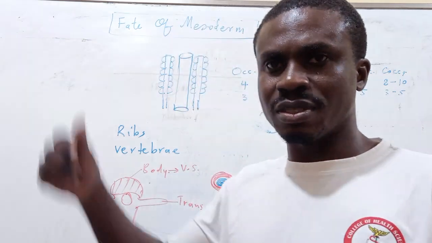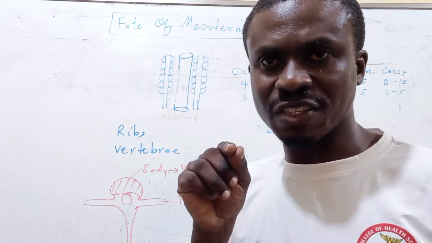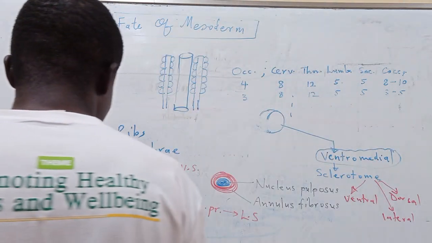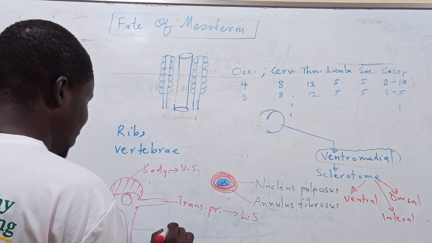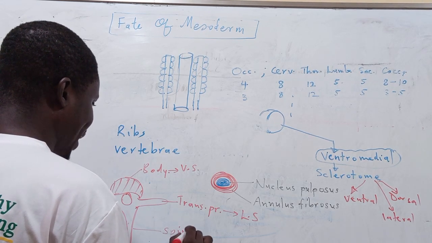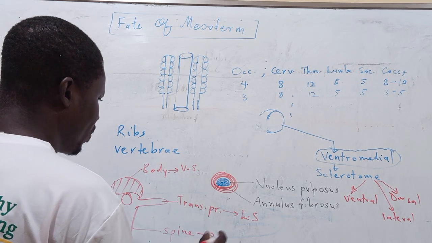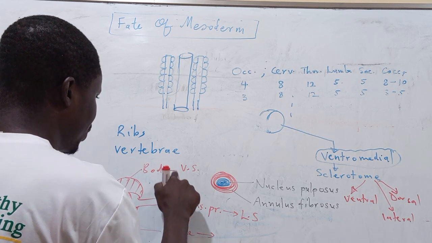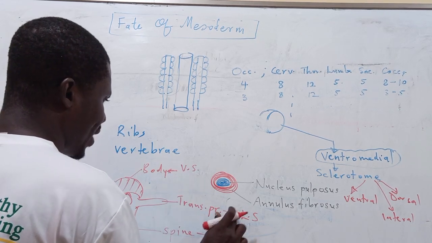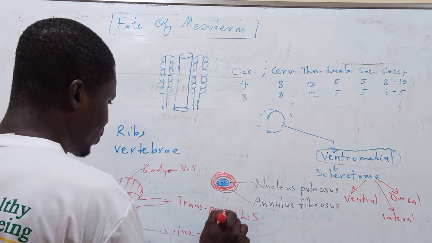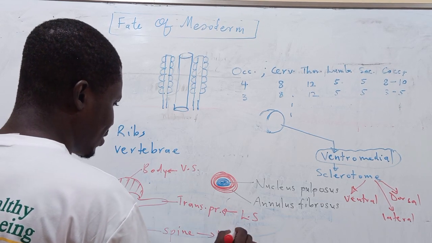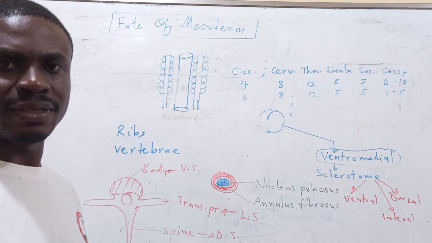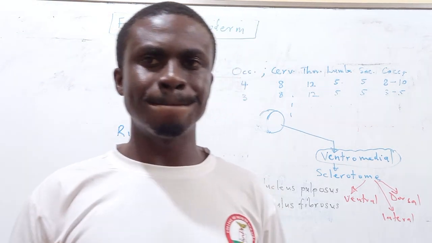Then towards the dorsal, the posterior region, you have the spine, and that is why the spine will be formed from the dorsal sclerotome. Yes, so that's one thing I want you to know.